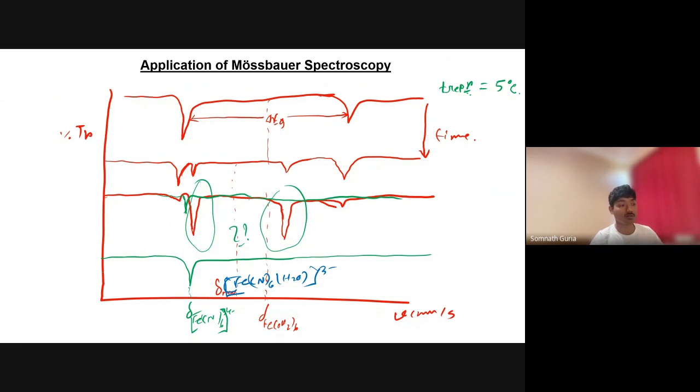The delta value shifted towards the more negative direction, and the delta EQ value actually decreases, because it has only the EFG lattice, which is non-zero, and the EFG valence contribution is zero. Because of the strong field ligand, all the electrons are paired up, a d6 paired-up electron system, so we don't have the EFG valence.